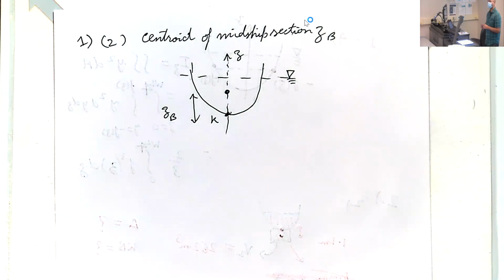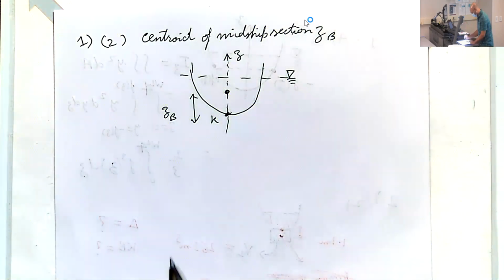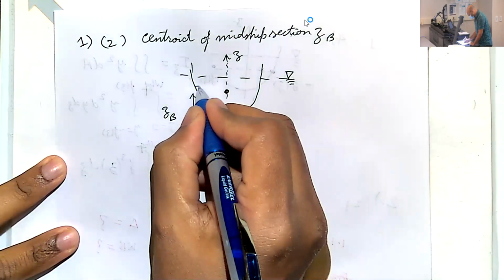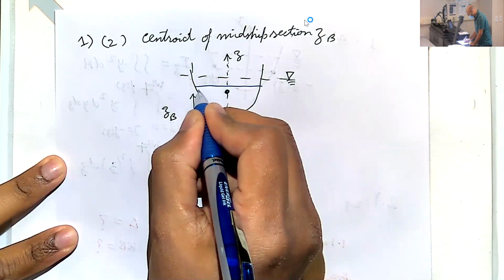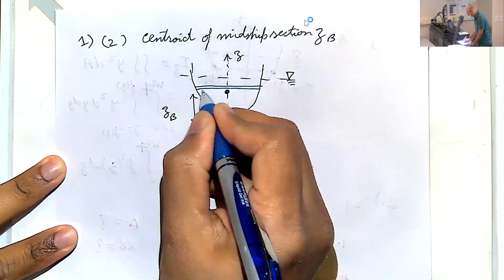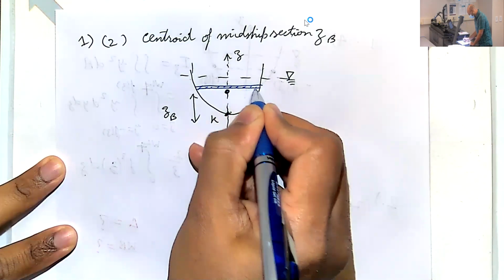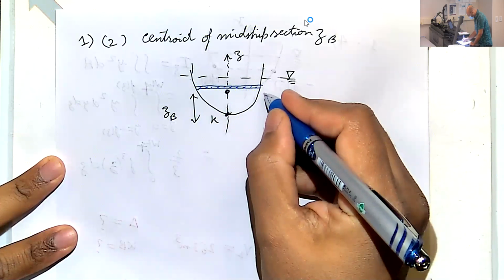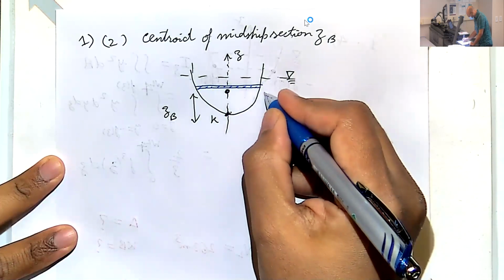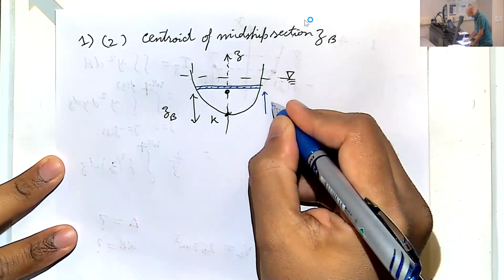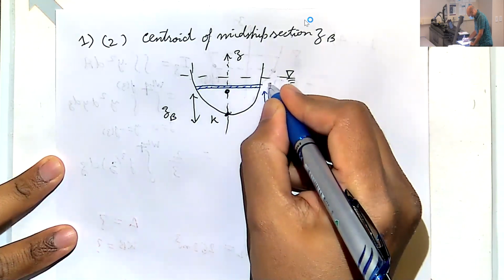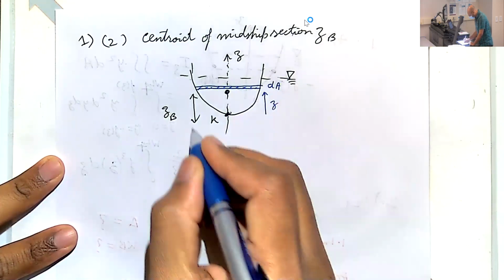All right, so see, the formula you're talking about is already simplified. It's always better to start with the general formula. I think you'll end up with the same thing, but it's always better to start with it. At any location z, we have an element dA.